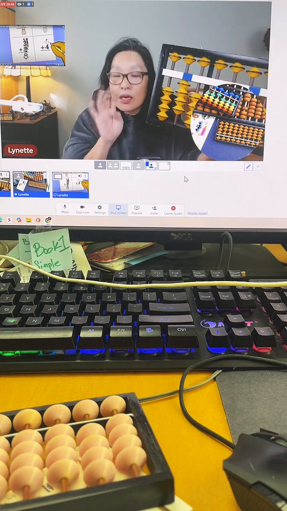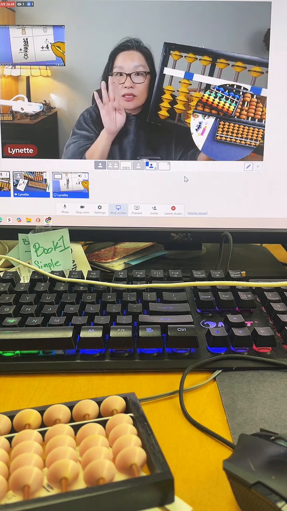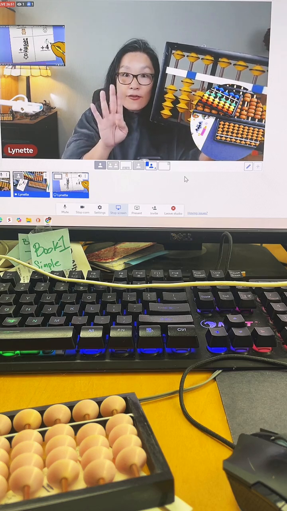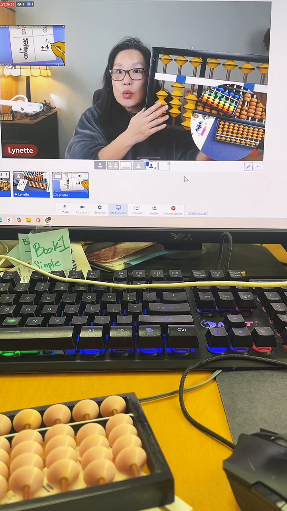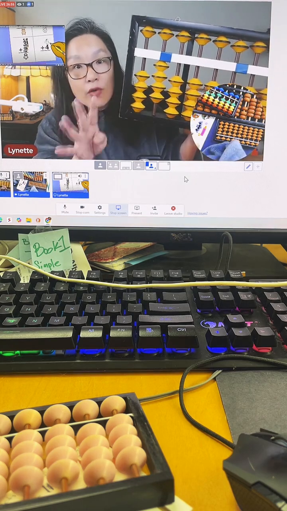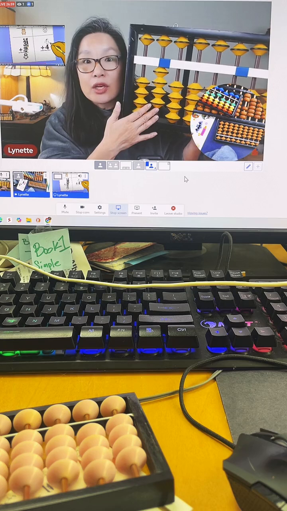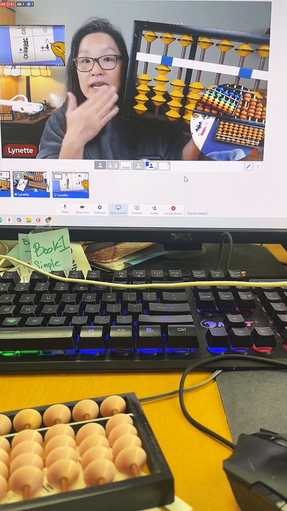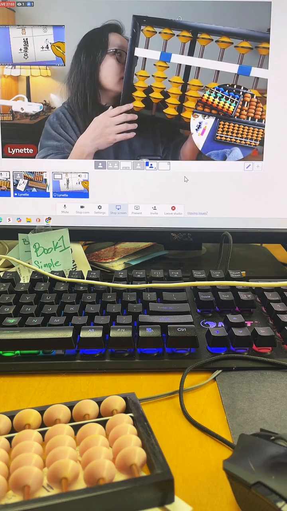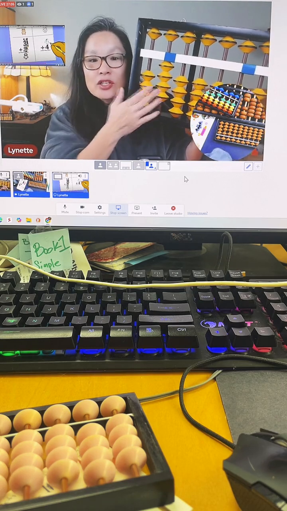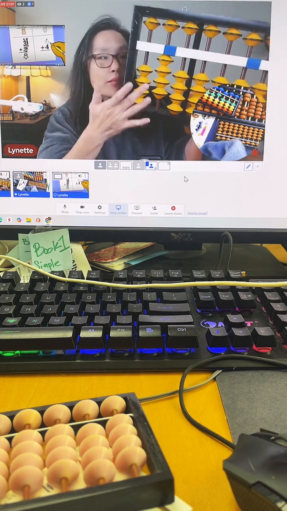Now, instead of learning 4 plus 4 is 8, that's something we had to memorize. Instead of doing that, what we should memorize is how do we add 4 using a 10? So this is where the 10 frame comes in. How do I get 10? If I do 4, how do I do 10? Well, 4 plus 6 is equal to 10. And so this is the next step.